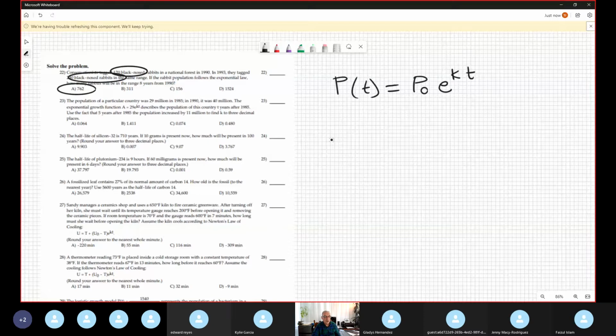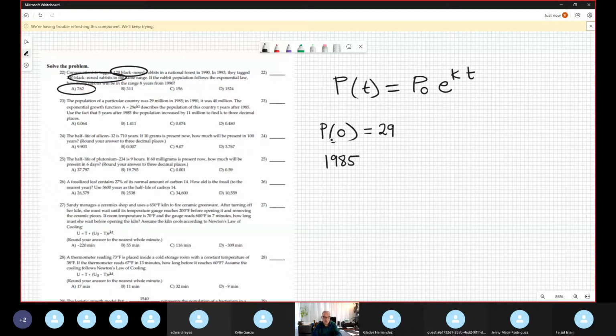The population of a particular country was 28 million. So the population in the initial condition 0, that is 1985, is 29 million.